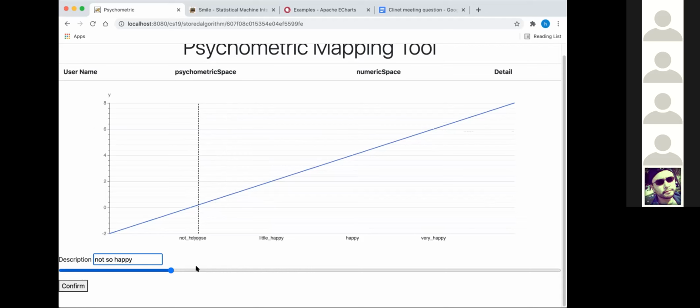So what's this slider bar? You can choose how it goes to not happy or little happy. Why did you use this slider bar? It's our tutor's recommendation. Oh, okay. I'm not sure whether you need a slider bar.